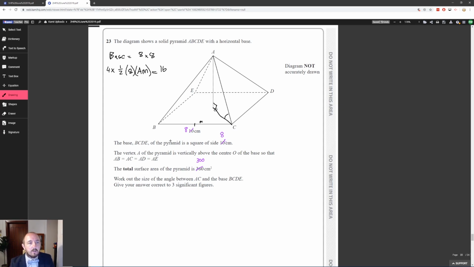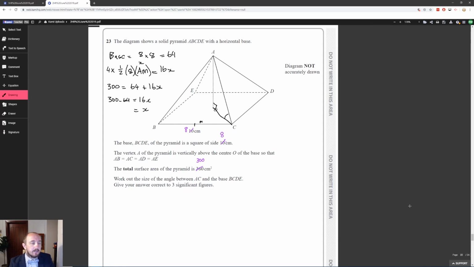Okay, let's just call that X. So the total area is 300, and that's equal to 64, which is the base, plus 16x. So 300 minus 64 is 16x.